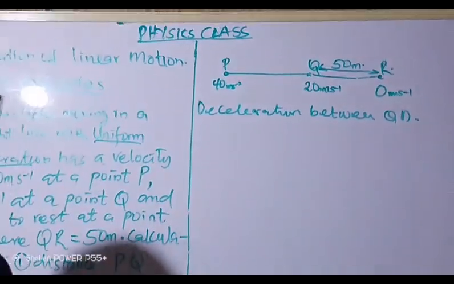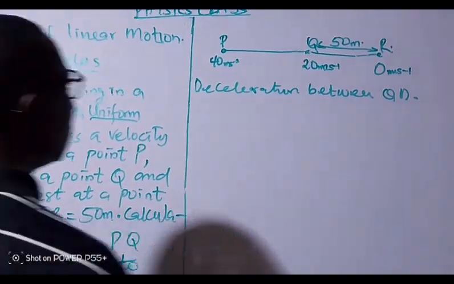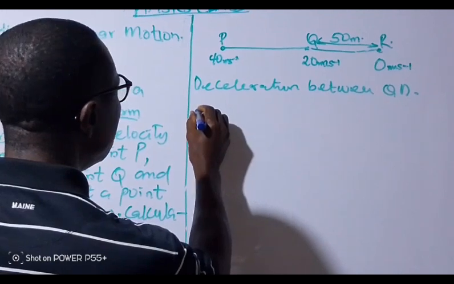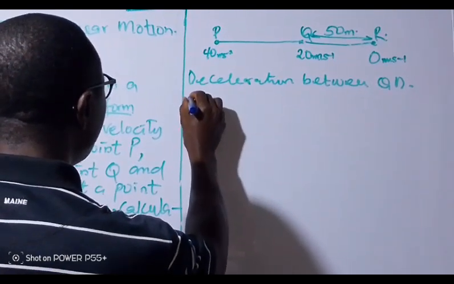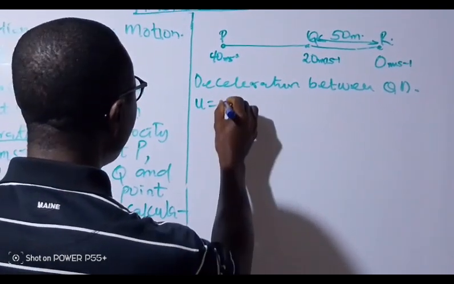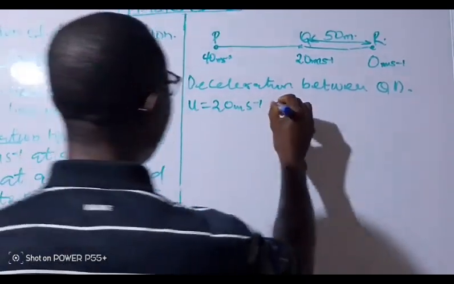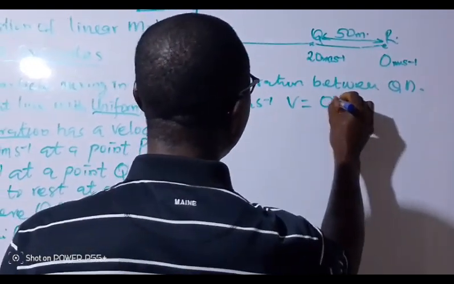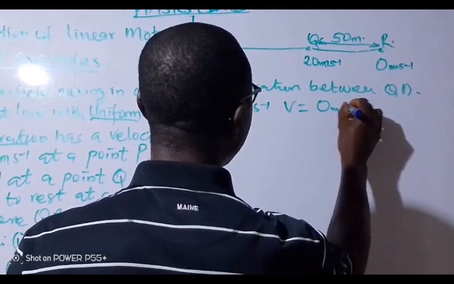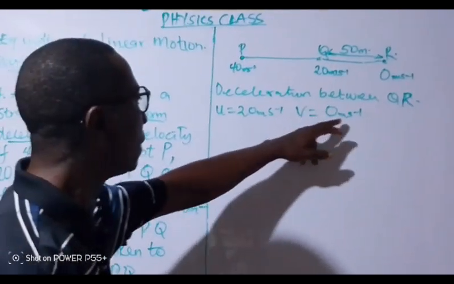Now, for this, we have the initial velocity between QR, U, is equal to 20 meters per second. V is equal to 0 meters per second. Now, why is it 0 here?